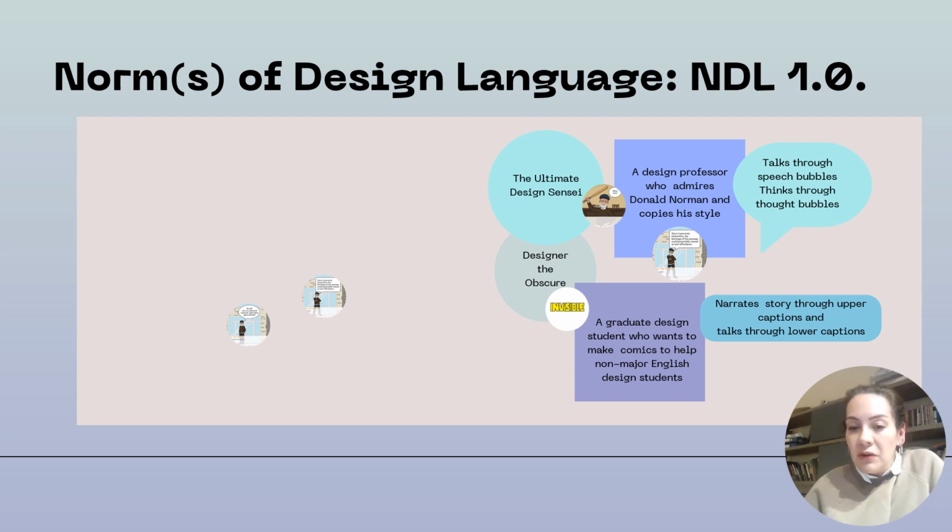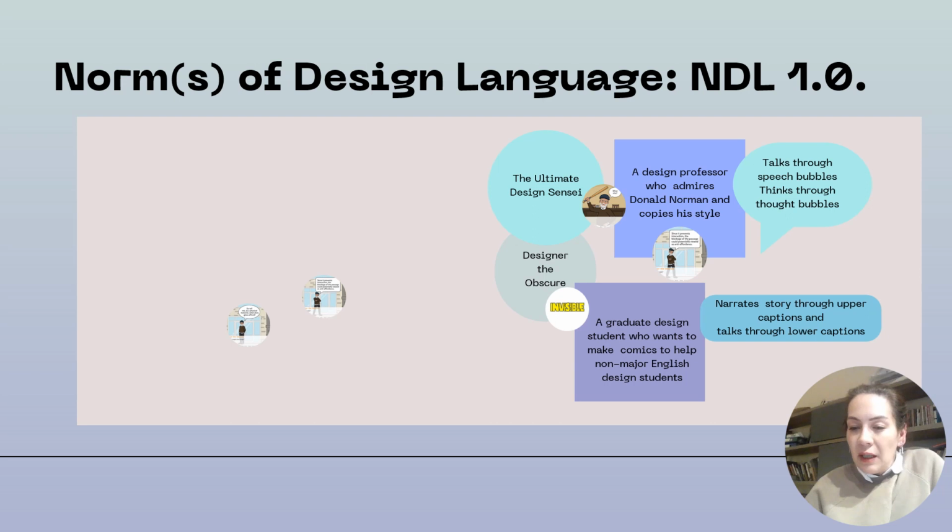In the comic version, Designer the Obscure narrates the story through upper captions and talks through lower captions. And the Ultimate Design Sensei talks through speech bubbles and thinks through thought bubbles. Also, in whispering bubbles, he directly interacts with the reader.